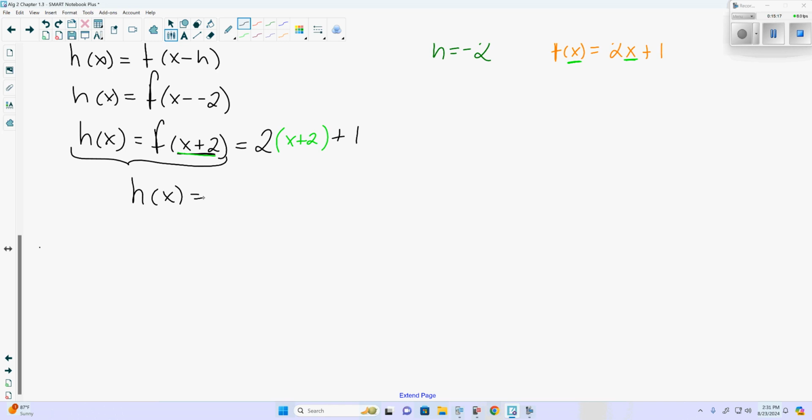Now on the other side, we have 2 times x plus 2 plus 1. We need to distribute the 2. So we're going to do 2 times x, which is 2x. 2 times positive 2 is positive 4 plus 1.